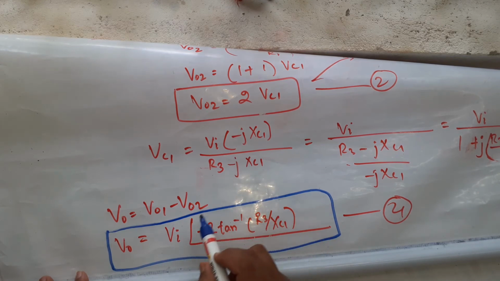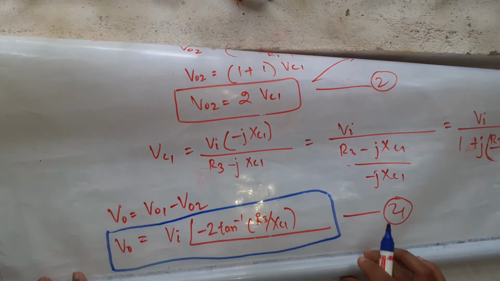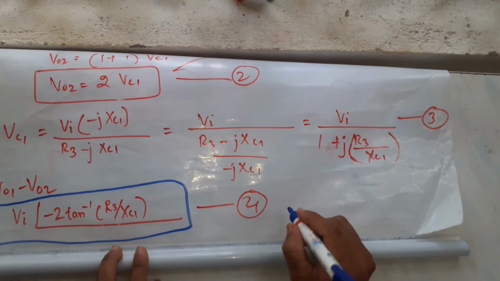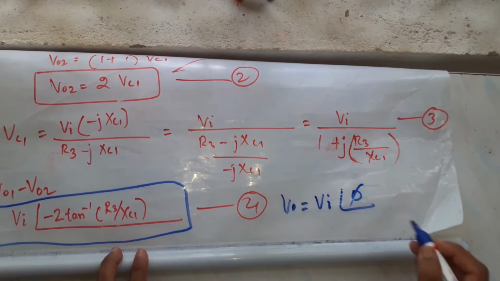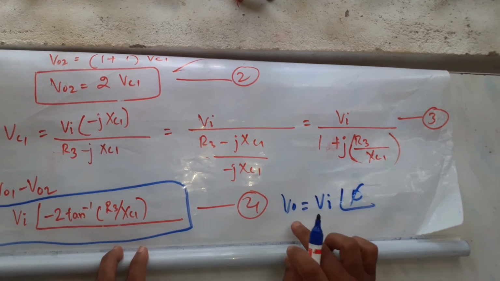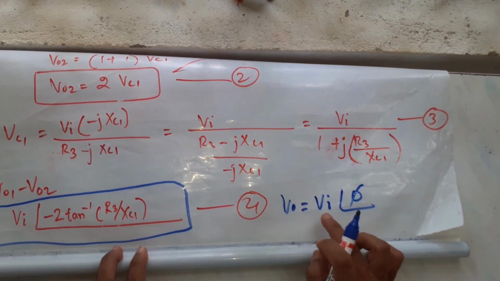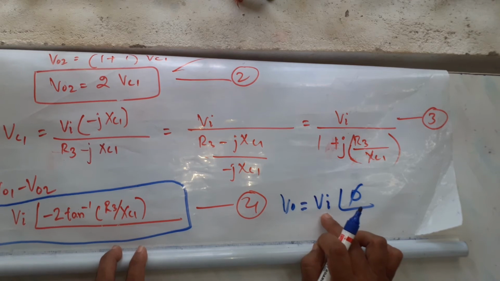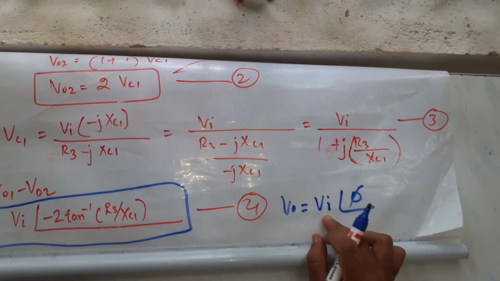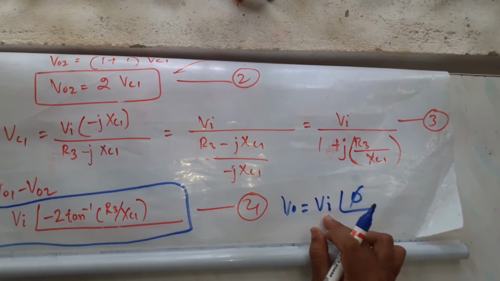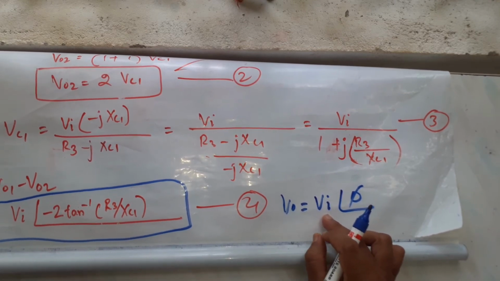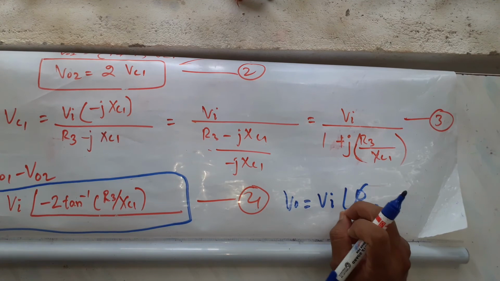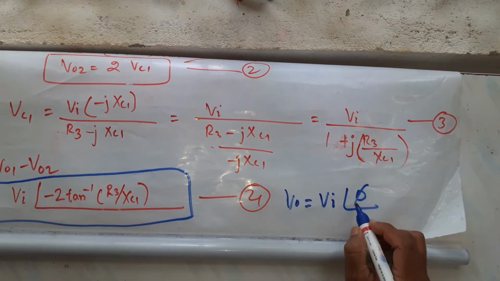But there is some change in the angle. If I simplify this, I can also write this as output equal to input at an angle phi. So this tells that output is directly proportional to input, means there is no change in the magnitude. From input to output, there is no change in its amplitude, height, magnitude, but there is a change in angle.